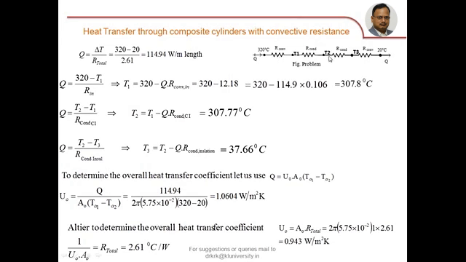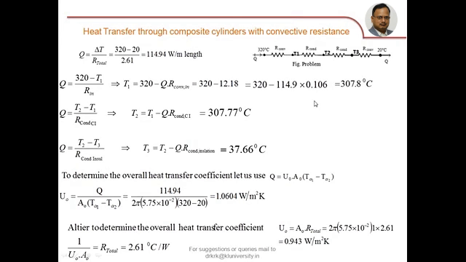And the same Q equal to T1 minus T2 by R conduction 1, and the same Q equal to T2 minus T3 by R conduction of the insulation, and the same Q is equal to T3 minus 20 by the convective resistance. So you can use any equation to determine the nodal temperatures. Thereby you will get the temperatures at the nodal points T1, T2 and T3 as 307.8, 307.7 and 37.66.